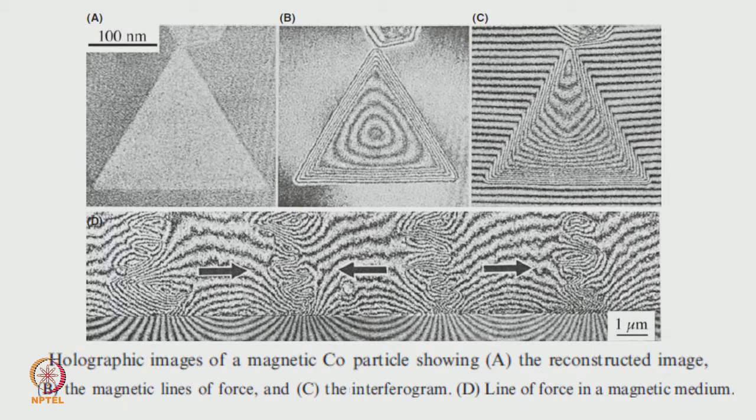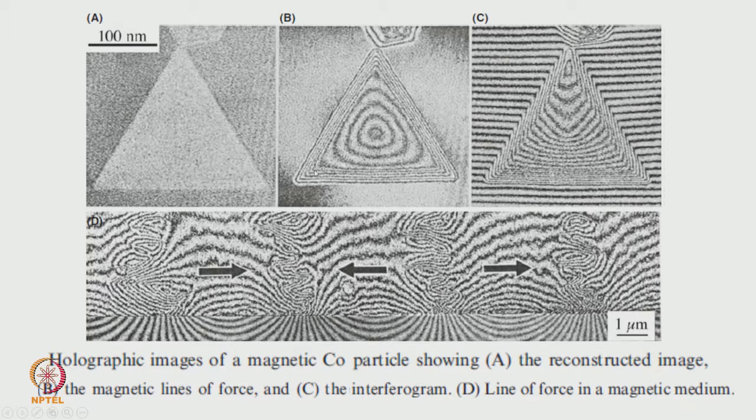This is essentially a holographic image from a magnetic cobalt particle. This I had shown earlier, I am repeating it again just to make sure that you can recall what has been described at that time.